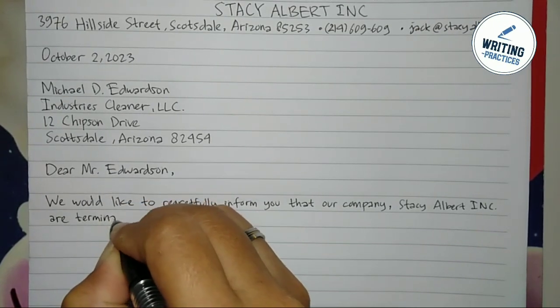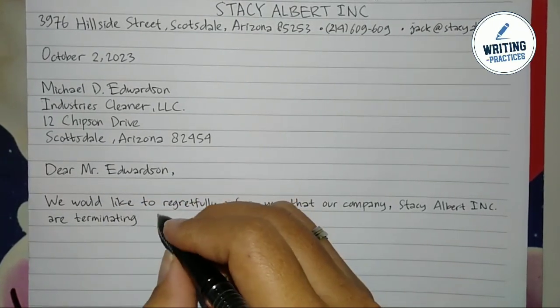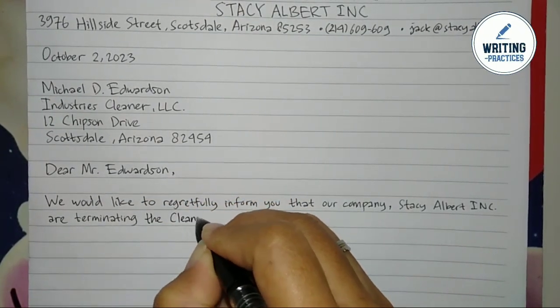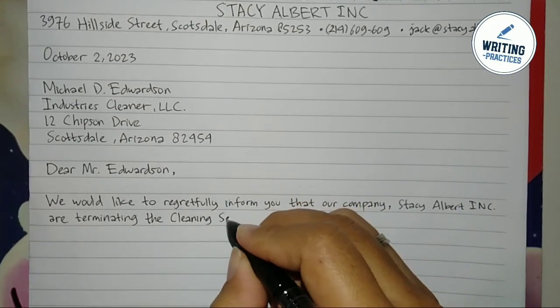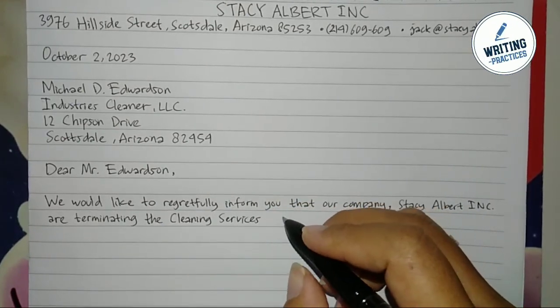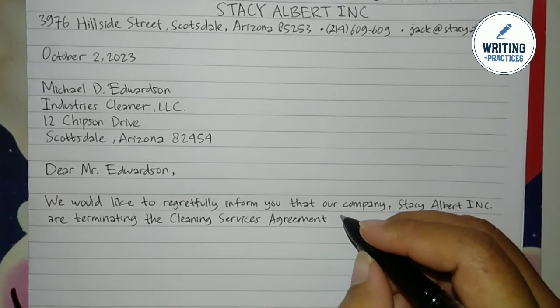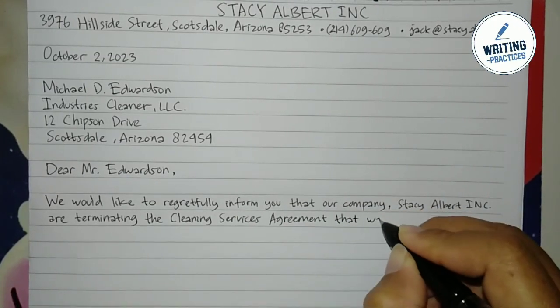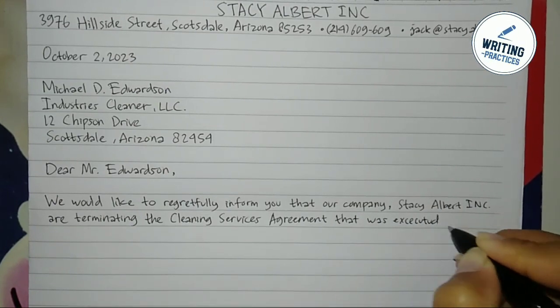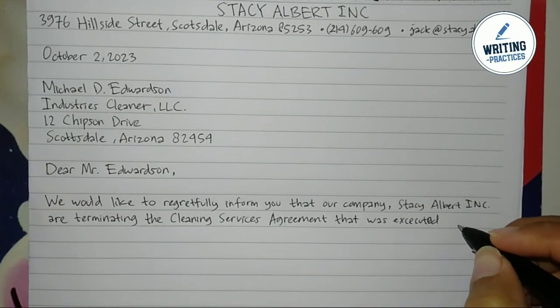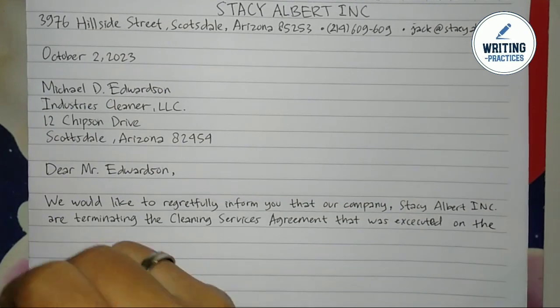And mention which contract it is by writing the date of the contract getting signed by all parties. In this example, Stacy Albert terminates the contract with cleaning services agreement that was executed on September 1, 2021.